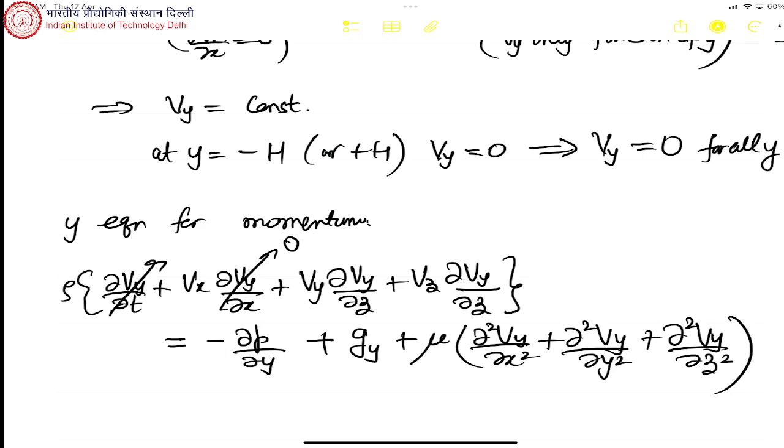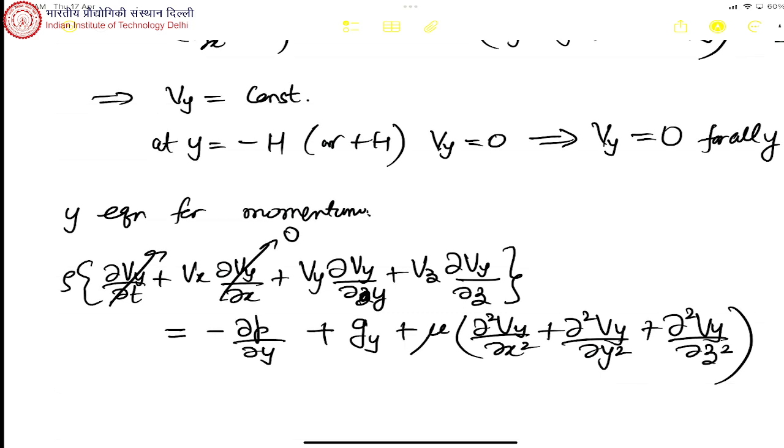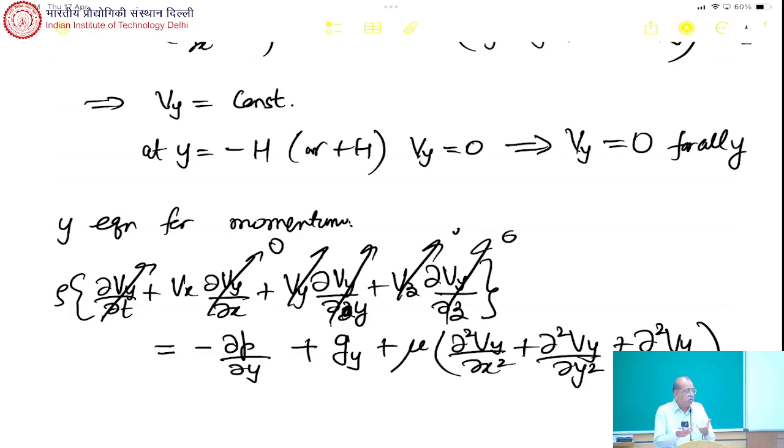Now in the third term, this is Vy by partial y, sorry. This becomes 0 because of the continuity equation. So this term is 0 and both of these are 0. Here again both of these terms are 0. Even one of them being 0 would have made it 0. Now partial p by partial y stays, plus g sub y stays.